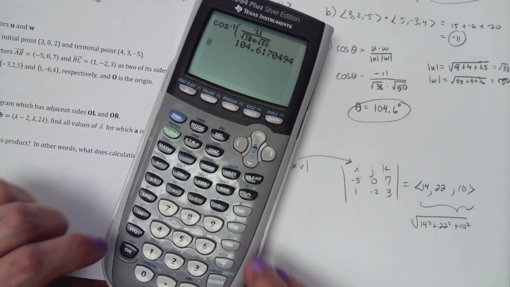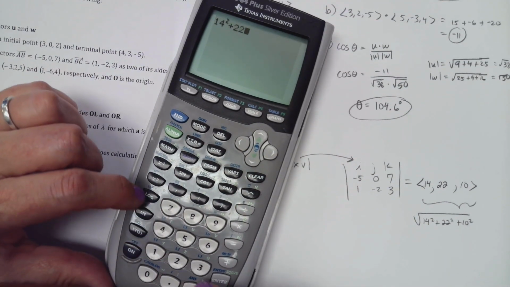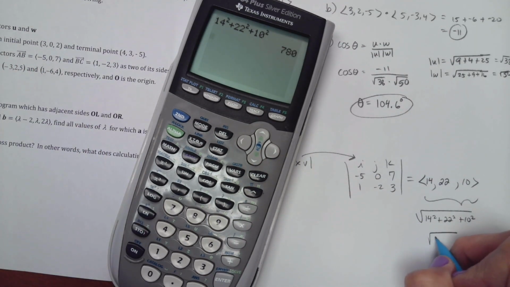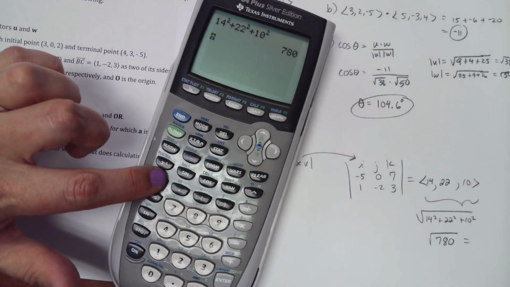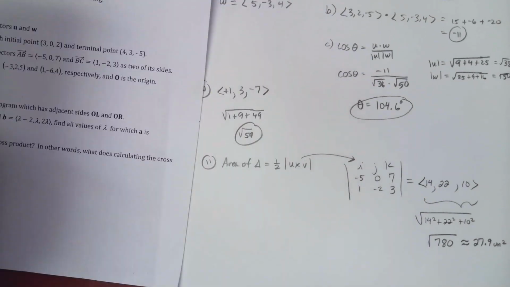All right, those are too big for me. So 14 squared plus 22 squared plus 10 squared. All right, so that's the square root of 780. So you could leave it like that, or if you wanted to actually get the square root, you can go ahead. So about 27.9 units squared, because it is the area of a triangle.